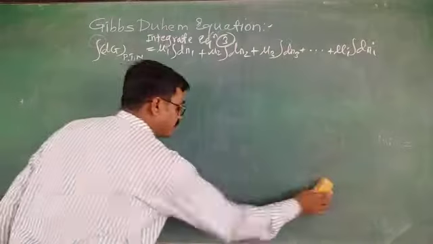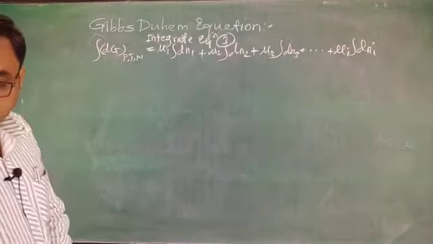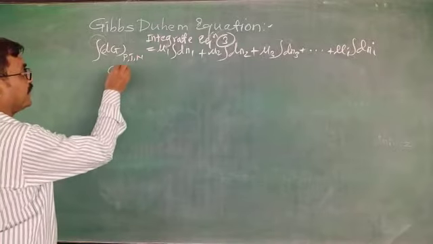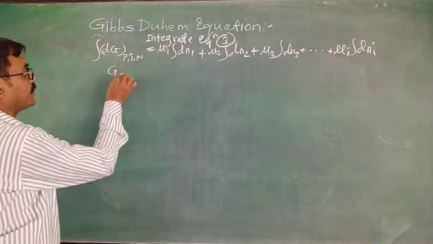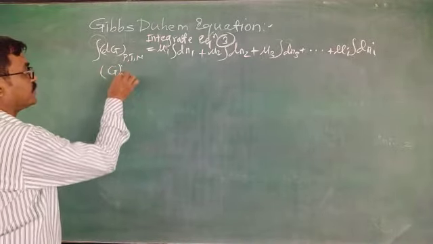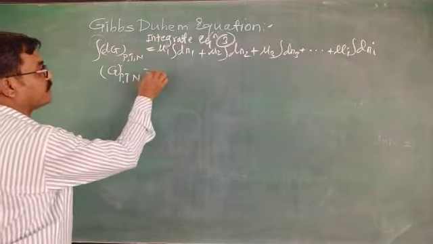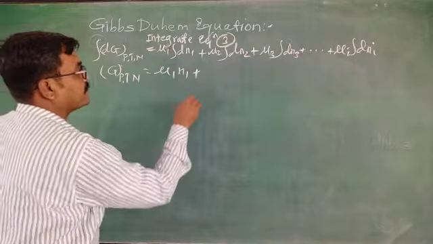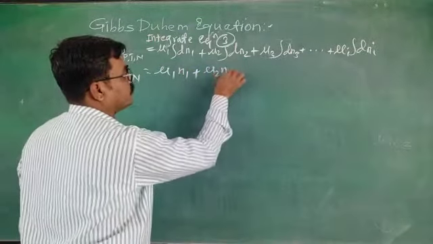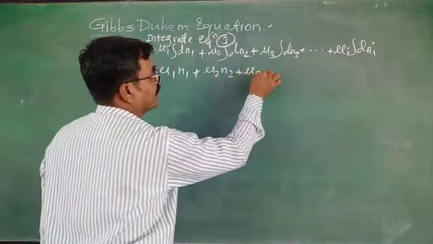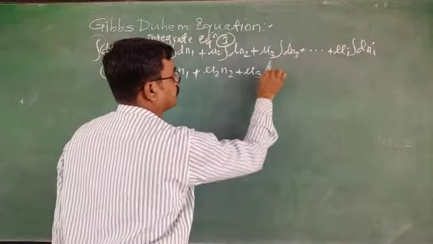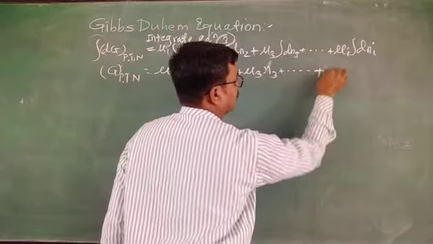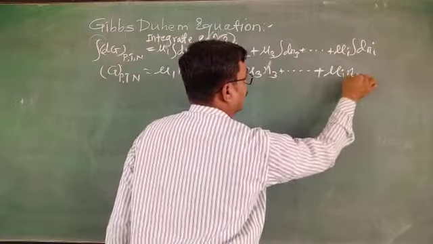Now from this, by using the simple integration formula, G at constant pressure, temperature and constituents is equal to mu1 n1 plus mu2 n2 plus mu3 n3 plus and so on, the last term is mu i ni.